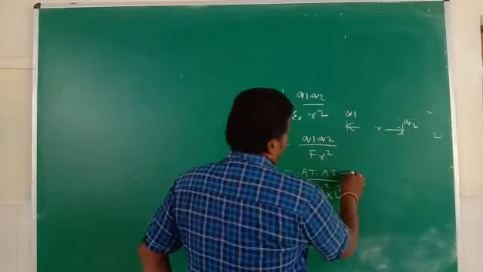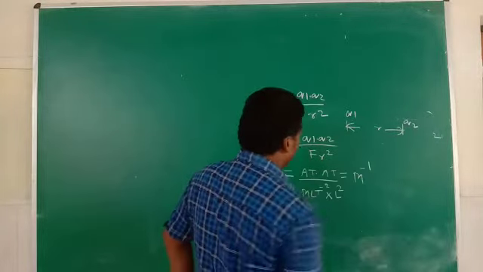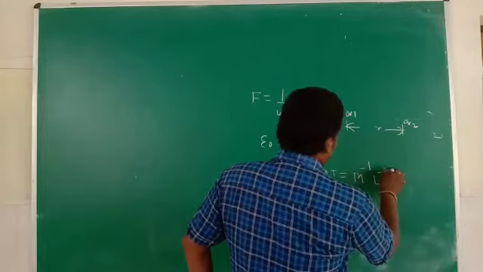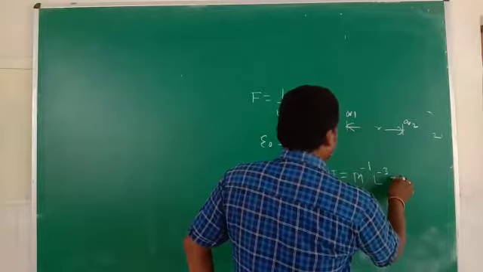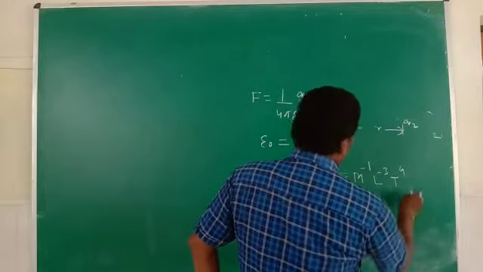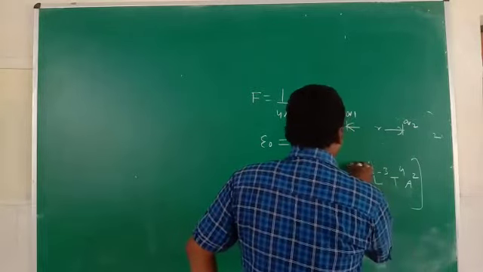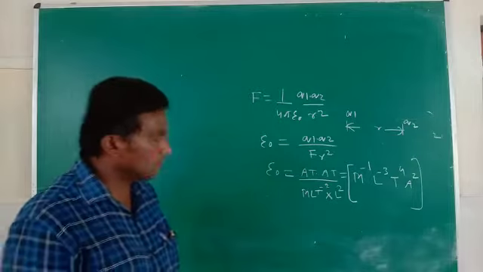Now the dimension is M power minus 1, L power minus 3, T power 4, and A square. That is the dimension of epsilon naught.